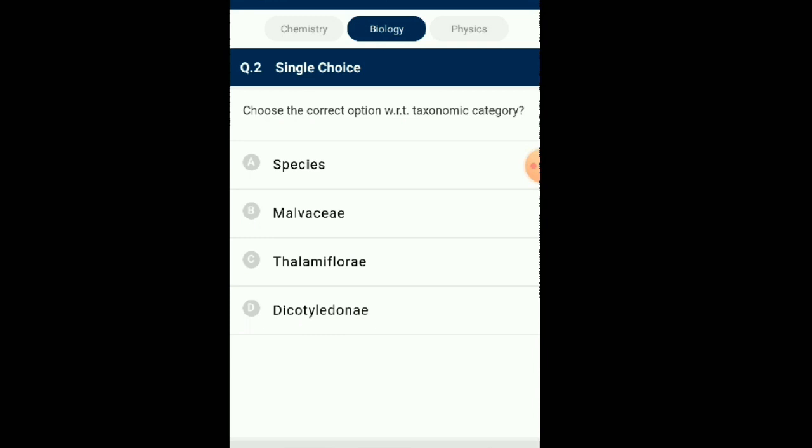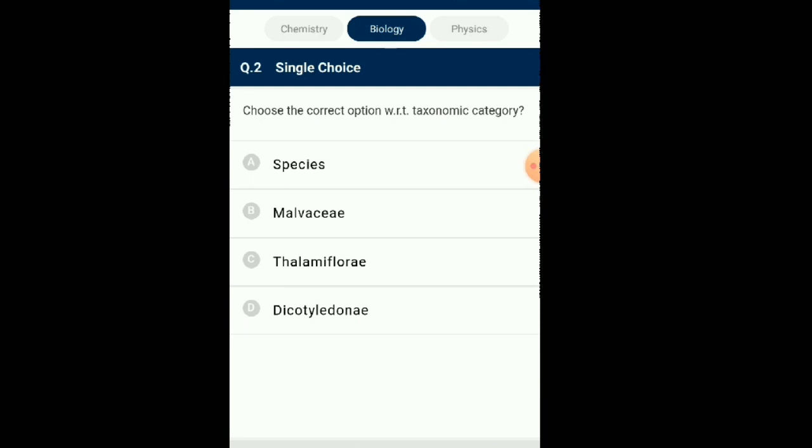Question 2. Choose the correct option from the given taxonomic category. Taxonomic hierarchy is the system of arrangement of taxonomic categories in descending order. It was introduced by Linnaeus in 1751, who initially proposed 5 categories such as class, order, genus, species, and variety.